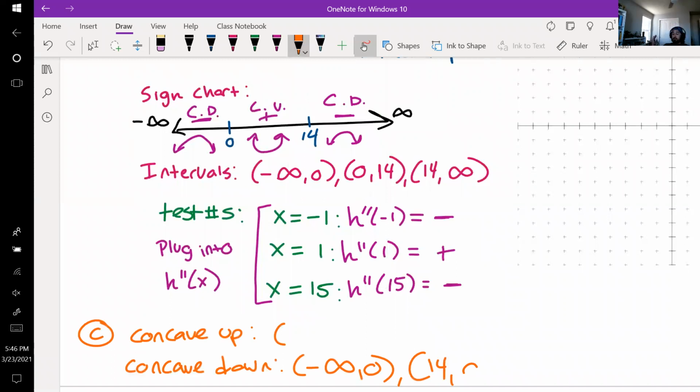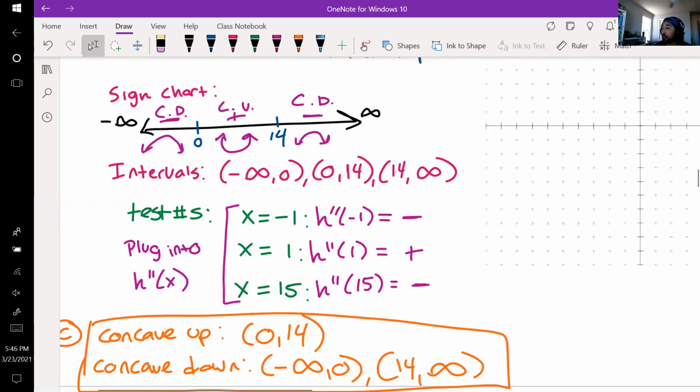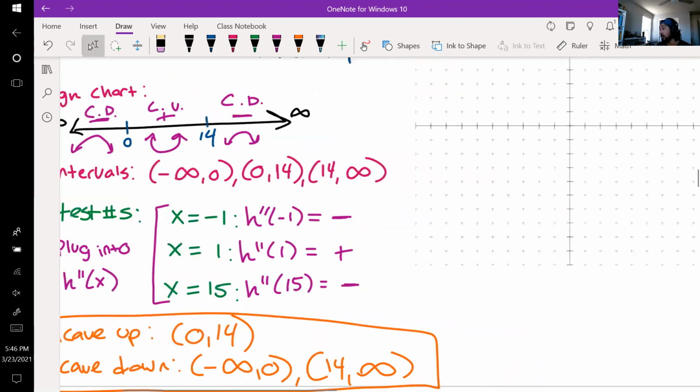Okay, so we found our intervals of concavity. So that's going to be one answer. Next, we want to know, do we have inflection points? So remember, I labeled them as possible inflection points.